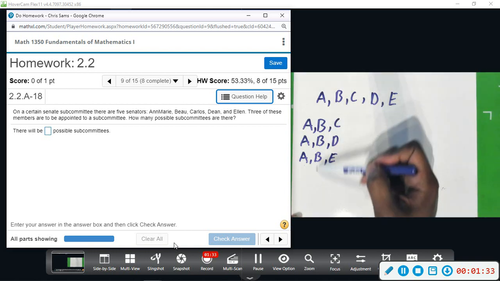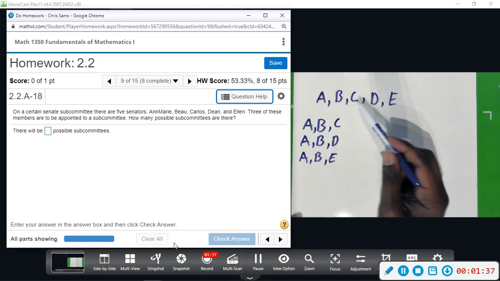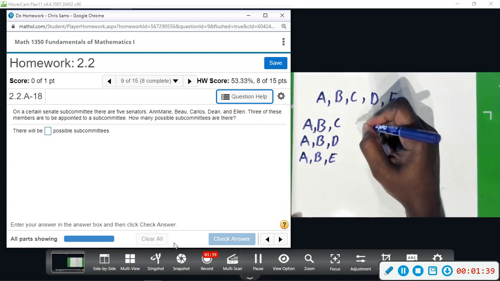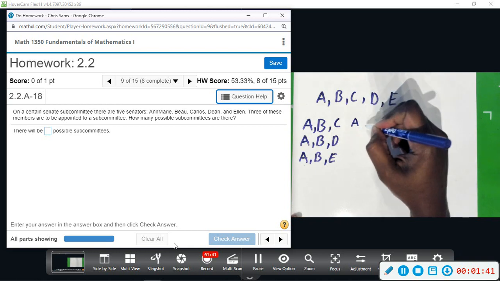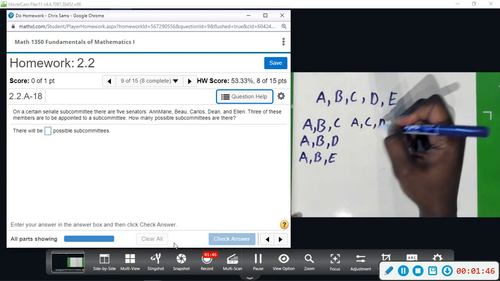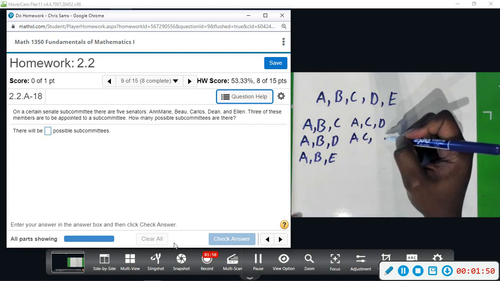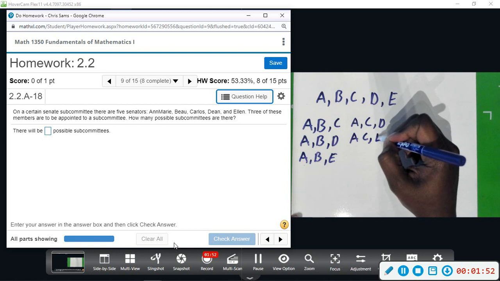So that's all the ones that we can use starting with AB. Now we're going to shift over and do AC. So we'll say A, C, and then we'll use D for Dean, and then we can do ACE.